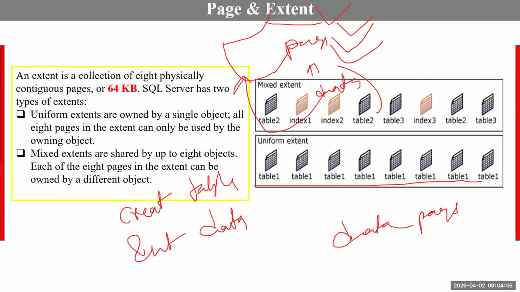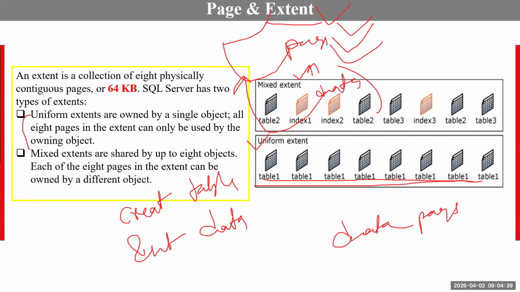You have two types of extents: uniform extents and mixed extents. By default, SQL Server will create mixed extents. What are mixed and uniform extents? If the 8 pages contain single object data, we call it a uniform extent.